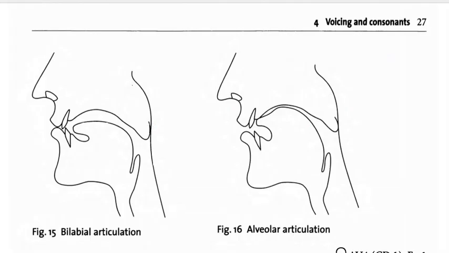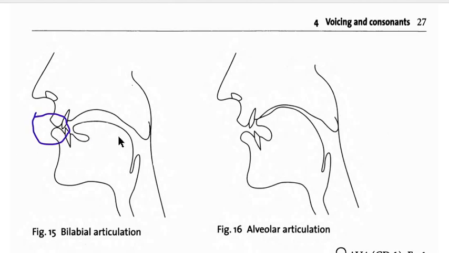You can see in this figure, figure 15, the bilabial articulation of plosives. You see that the two lips come across each other and form a closure.